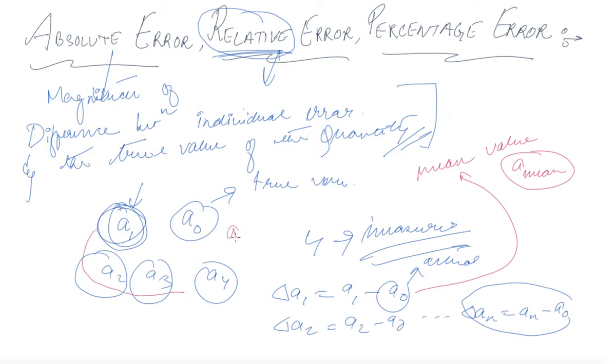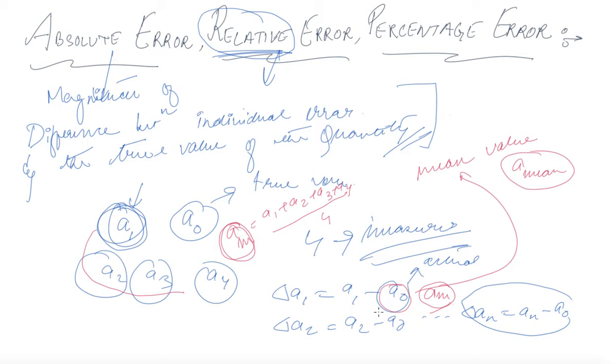So if I take the mean value, Am is equal to A1 plus A2 plus A3 plus A4 whole divided by 4. By taking the mean, I will have a value which is close to the real value. So sometimes absolute error is also computed with Am, the mean value, instead of A0, the true value. So this is what we know as absolute error.